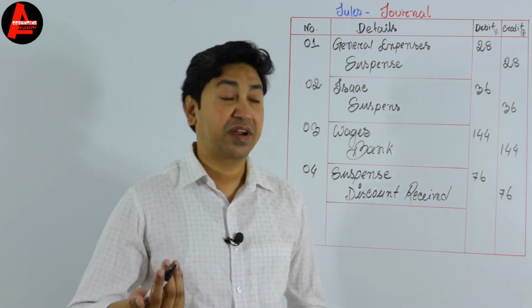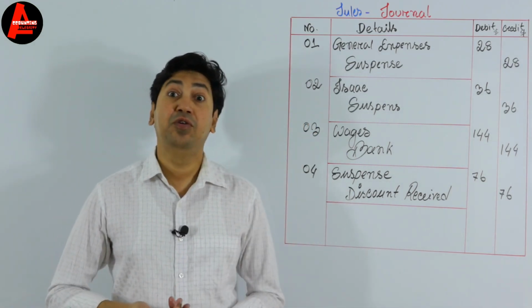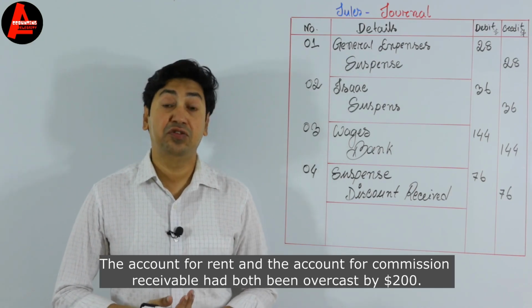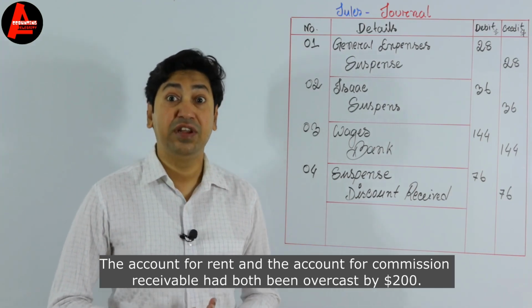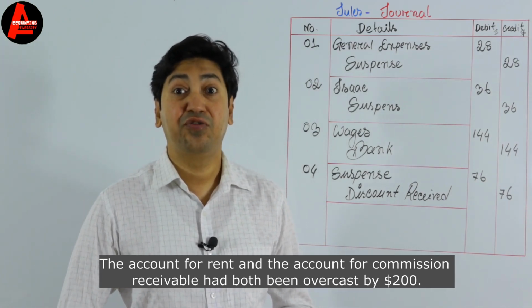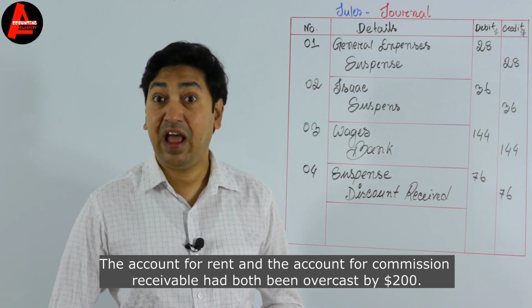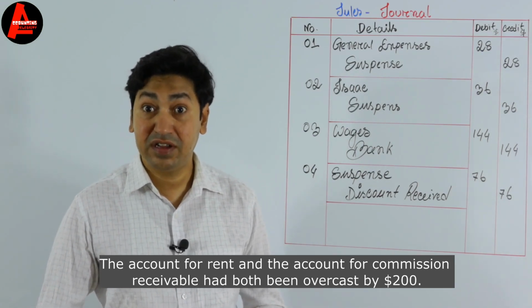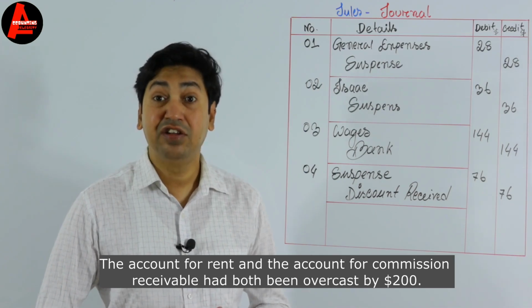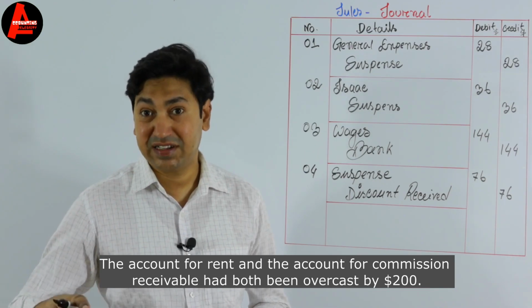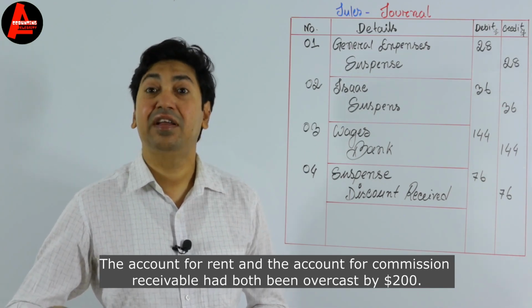So overcast. Now we have to decrease the expense, which is rent. To decrease the expense, we need to credit rent. So rent will be credited here, and we have to decrease the commission receivable account as well, right? Commission receivable is a credit account, so if we decrease this account, it will be debited.